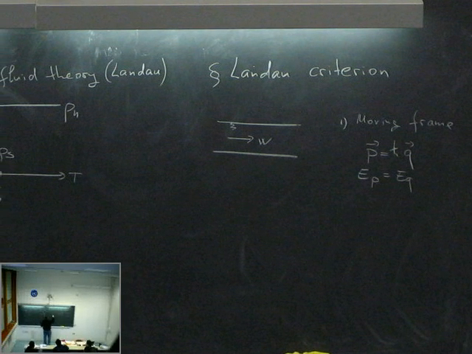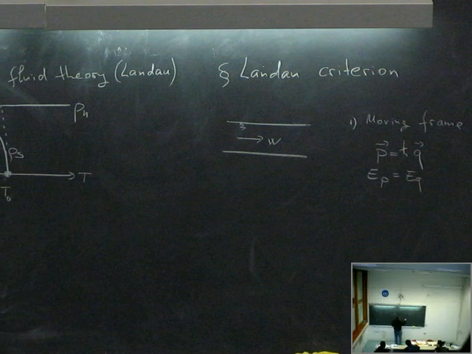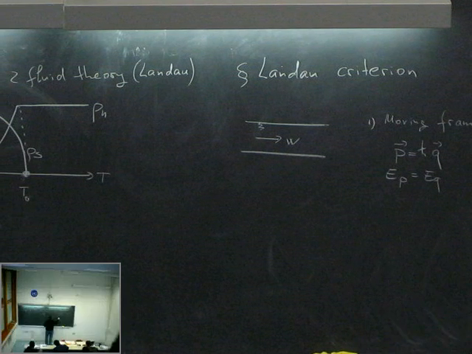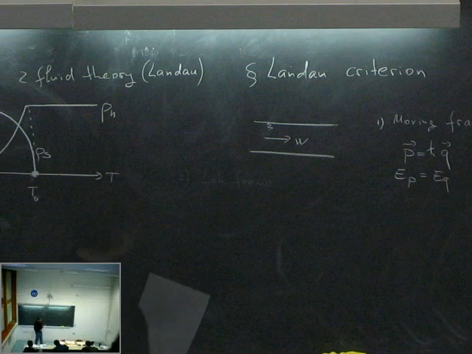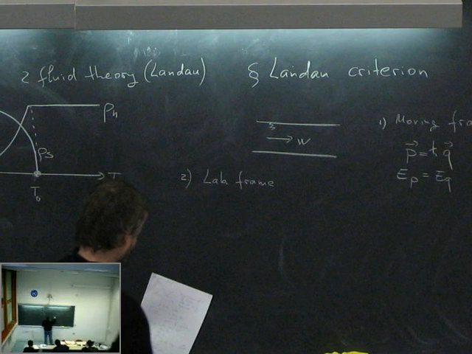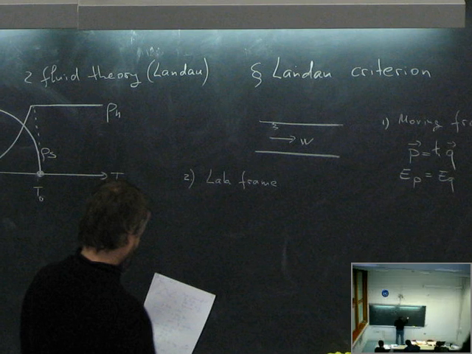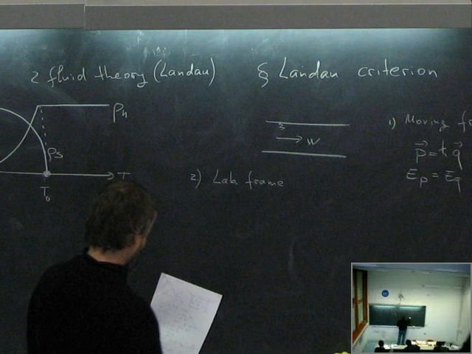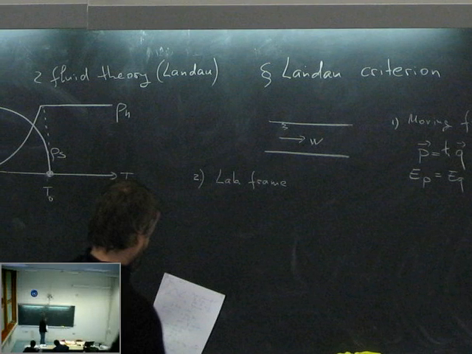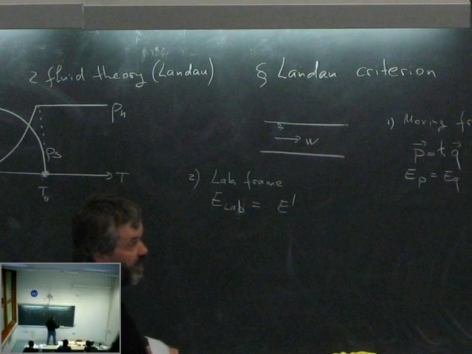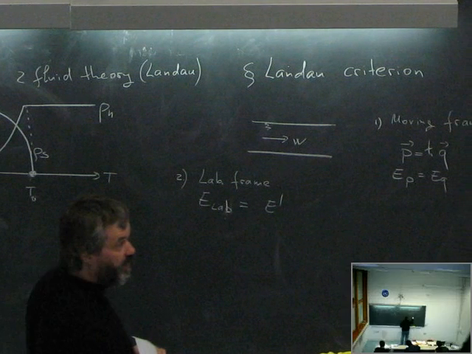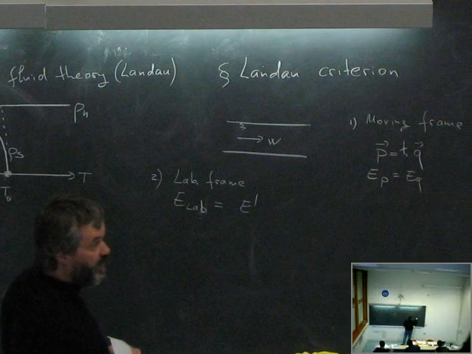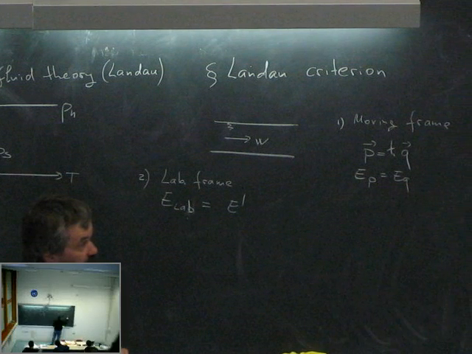Step number 2. Let's go to the laboratory frame and write down the energy in the laboratory frame. So E in the lab frame is equal to E prime. We know it from classical mechanics or classical fluid theory, plus P prime times W, plus the energy of the liquid, m W squared over 2.